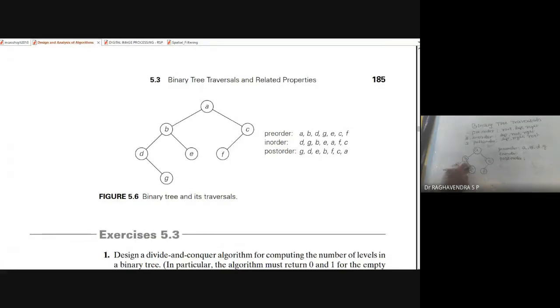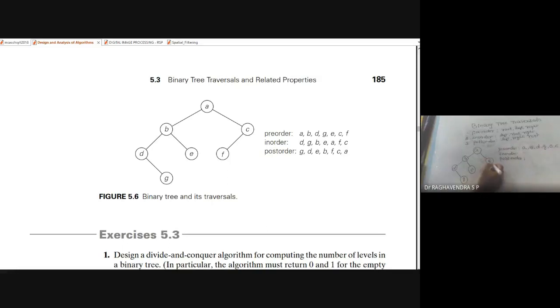Right, it is E. Then this root is also visited. After that left and right are visited, but C is also a root, so C will be taken.